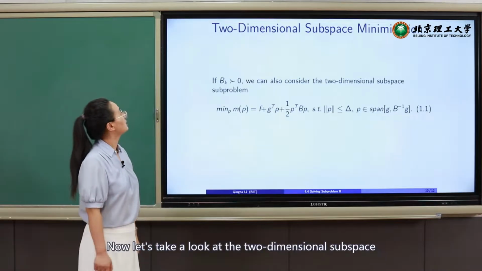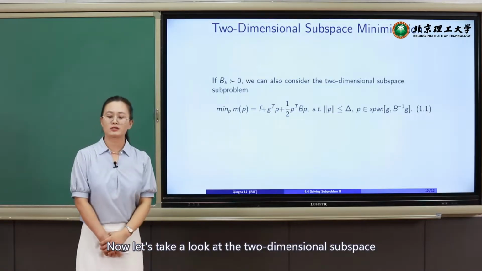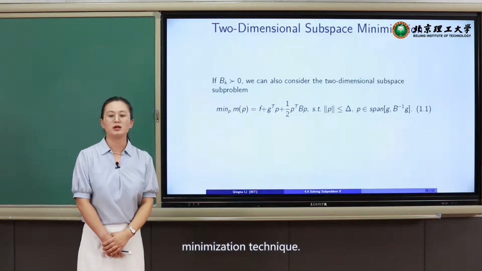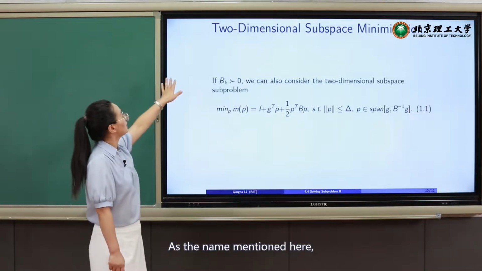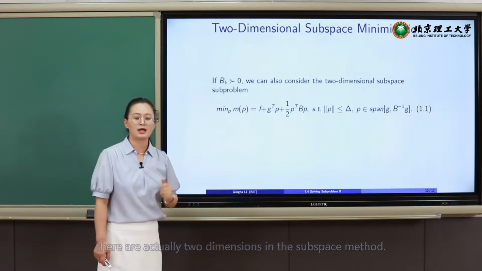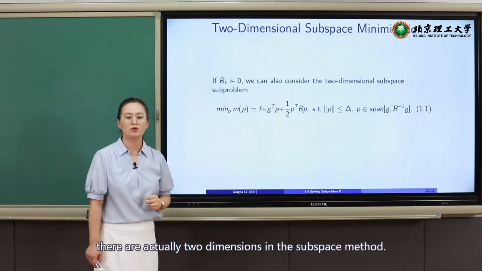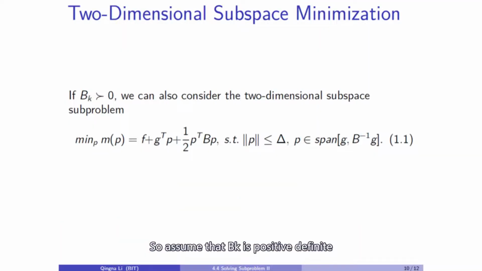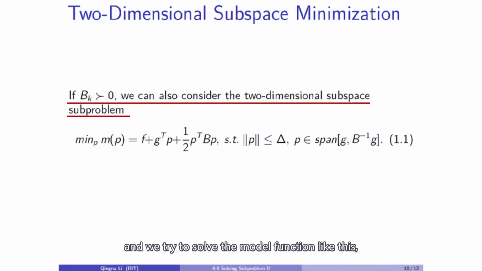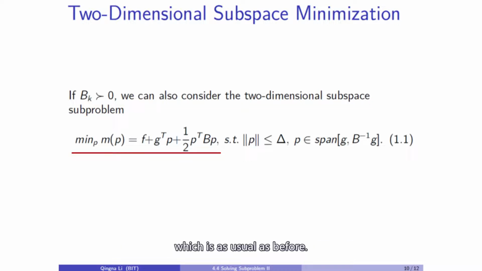Now, let's take a look at the two-dimensional subspace minimization technique. As the name mentions, they are two-dimensional in the subspace method. So assume that BK is positive definite, and we try to solve the model function like this, as usual. However, the constraint changes a little bit.